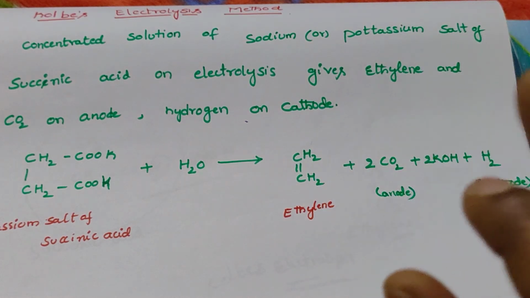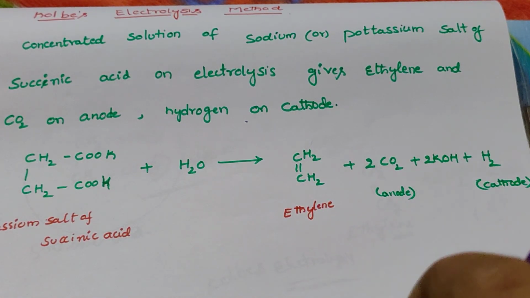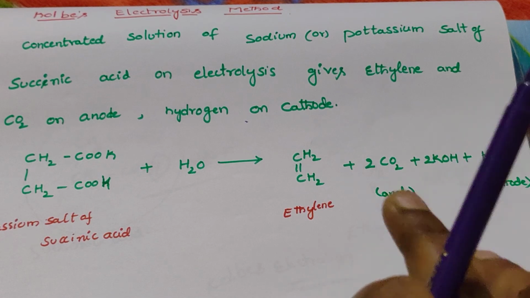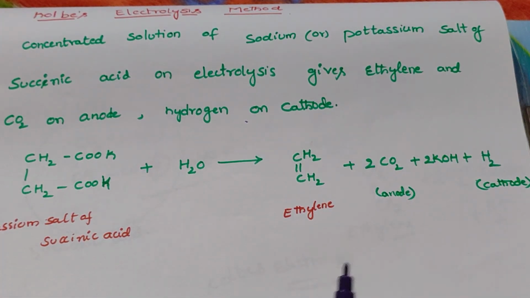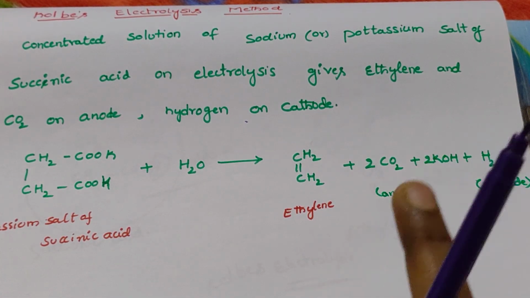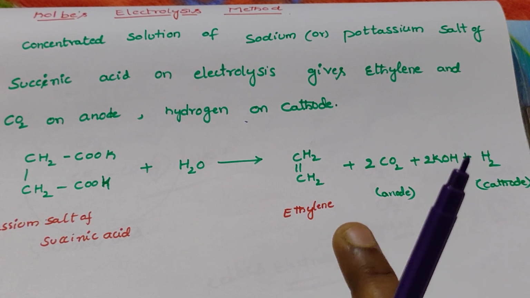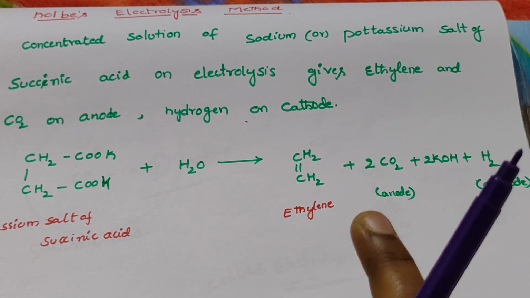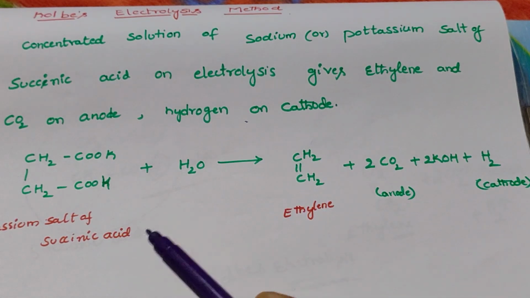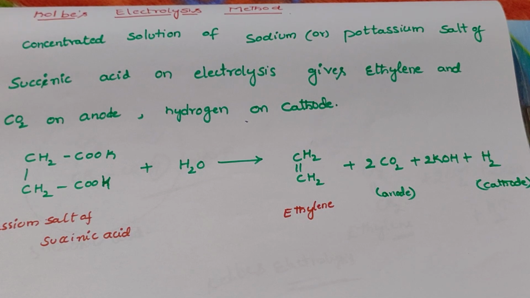This is Kolbe's electrolysis to prepare alkenes, that is ethylene, by using the potassium salt of succinic acid.